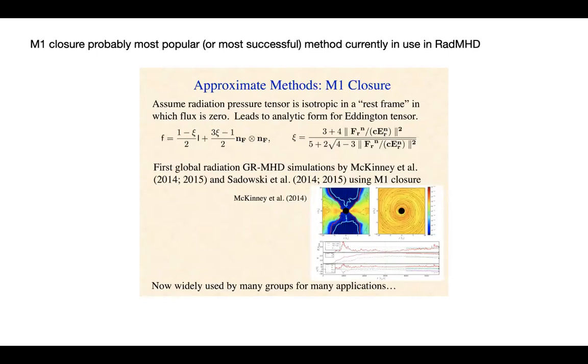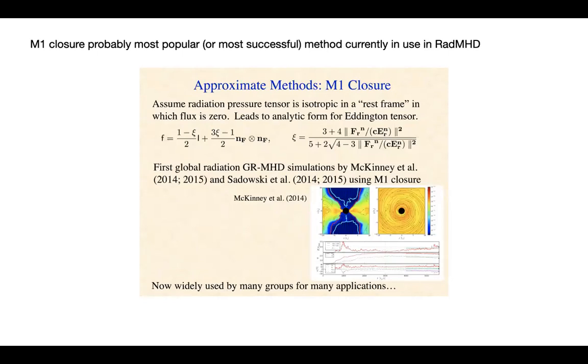Anyone who's actually tried to apply such a method in practice knows it's not exactly trivial, but it's not intractable. And you can do it, and you can run it with most of our current MHD codes.